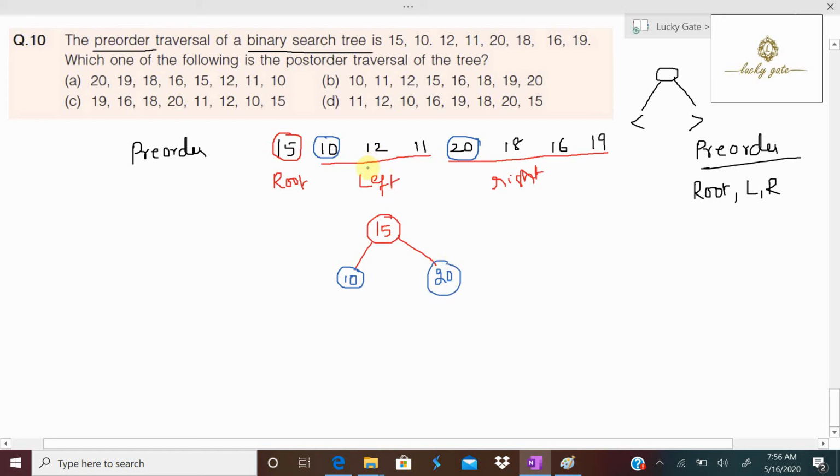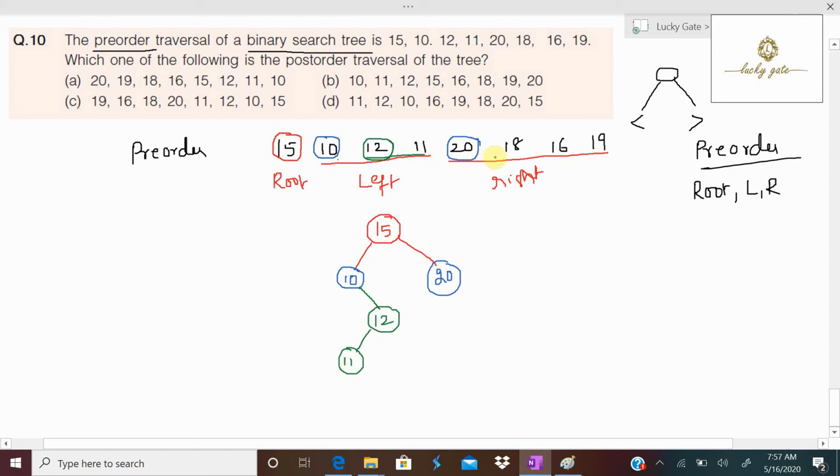Now in this, 12 and 11 both are greater than 10, so both 12 and 11 come to the right subtree of 10. In the 12 and 11, 12 will be the root, now 12 appears here, and 11 is a lesser value, so it should go to this node.